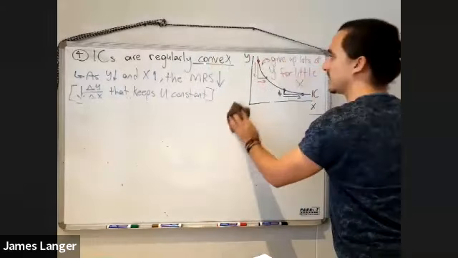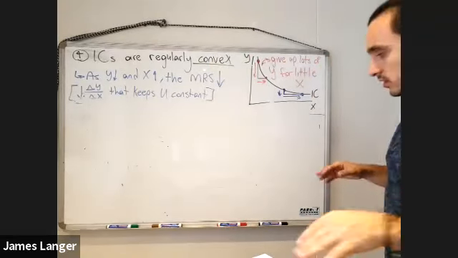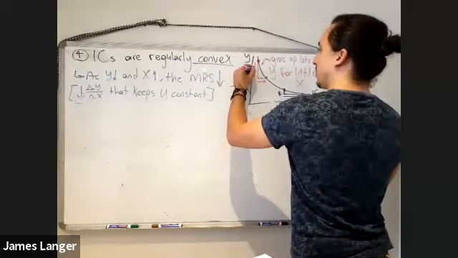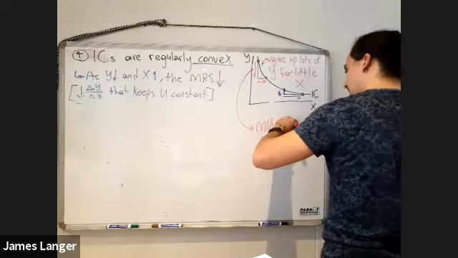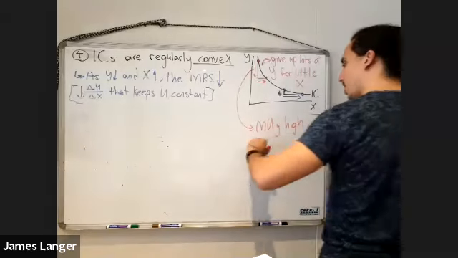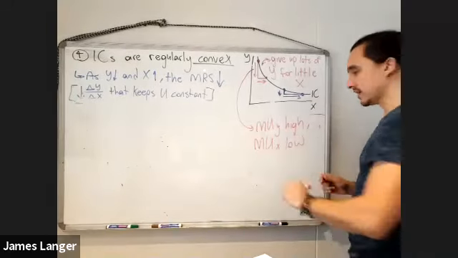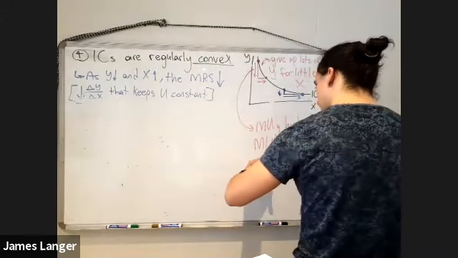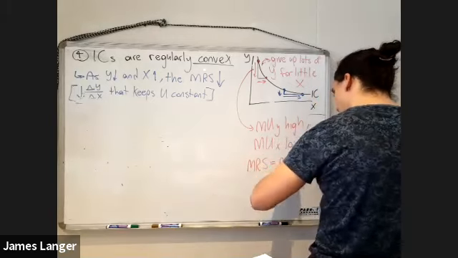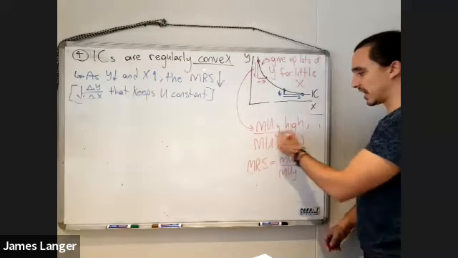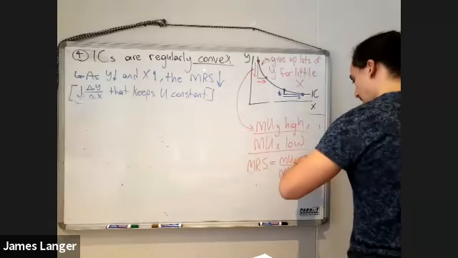Right? Another way you can see it, I actually just want to mention this, right? Another way you can see it is that up here, marginal utility of y is high, right? And the marginal utility of x is low, right? So if the MRS is equal to MUX over MUY, right? Then if this is high and this is low, then the MRS is going to be low.